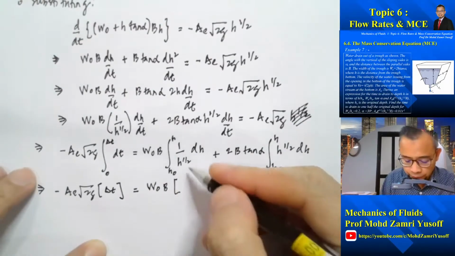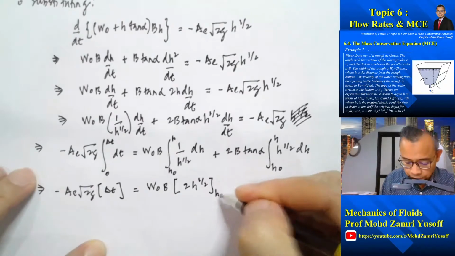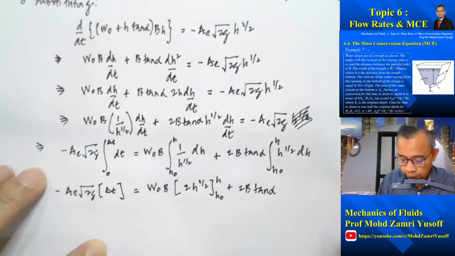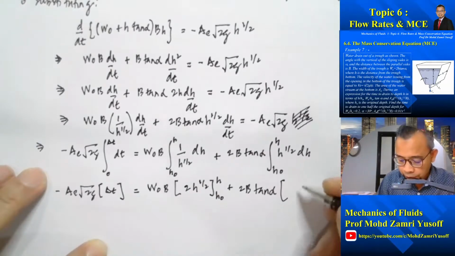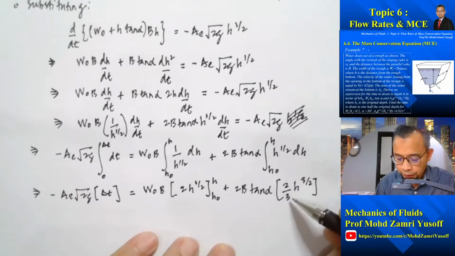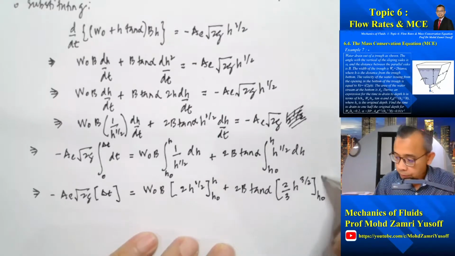So now, integration of this, I will have 2h to the half from h naught to final h, plus 2b tangent alpha. So integration of this, I get h^(3/2) over 2. I need to put 2 over 3 in order to get back the original h, from h naught to h.